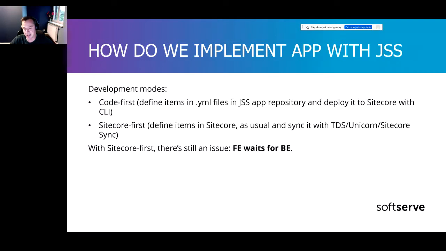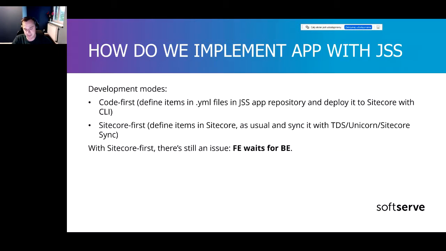It can be written in React, Angular, Vue, or Next, and all the Sitecore items are also part of this front-end solution, defined in YAML files. But actually, I don't see any non-testing scenario where this code first approach is better than Sitecore first.